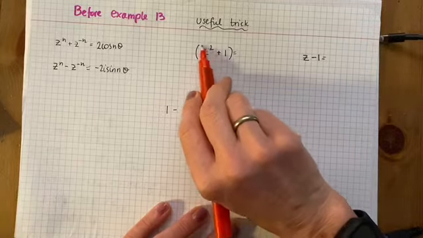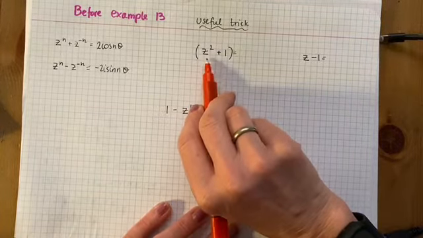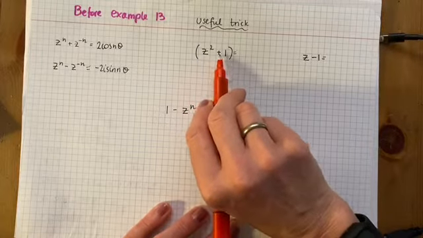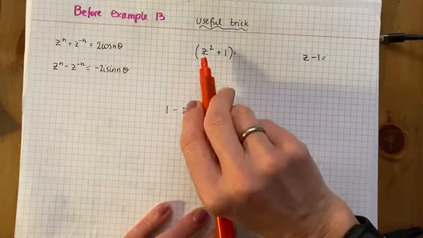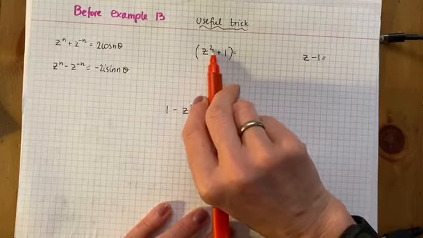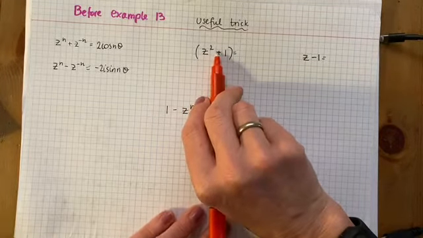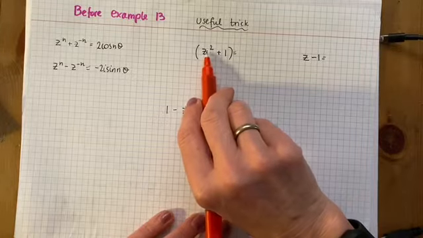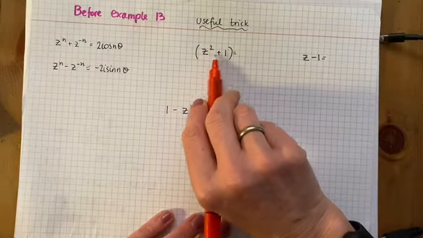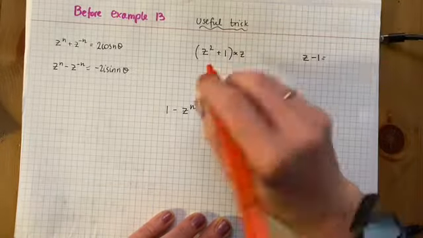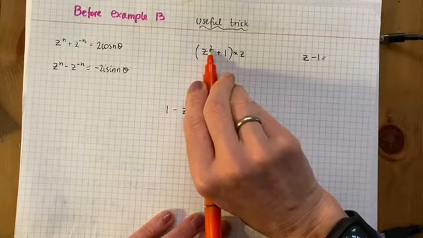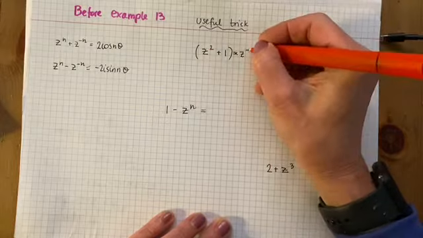So the idea is to make this bracket into z with a power plus another z with a power, and those powers need to be equal in magnitude but opposite in sign. It's very simple. You multiply the bracket by z with the power that makes this power into half of it, so clearly minus 1.